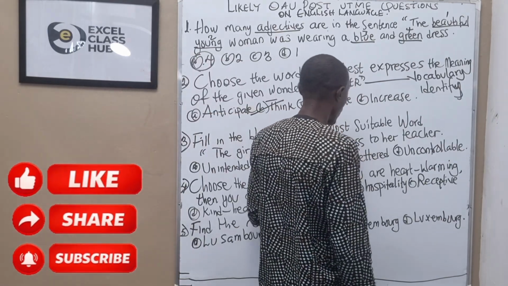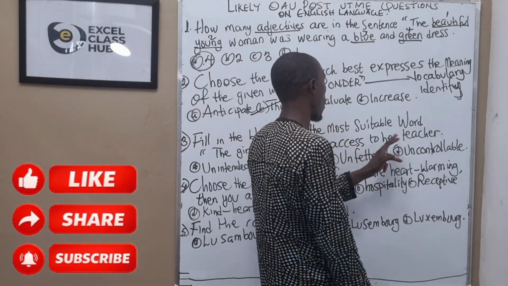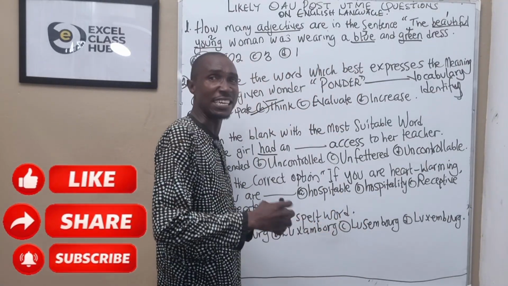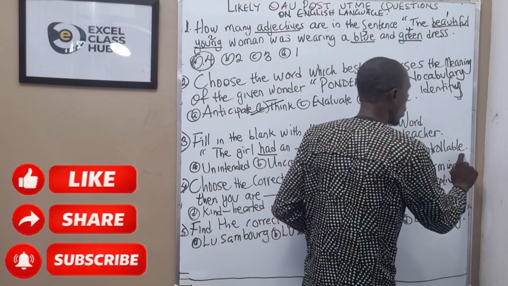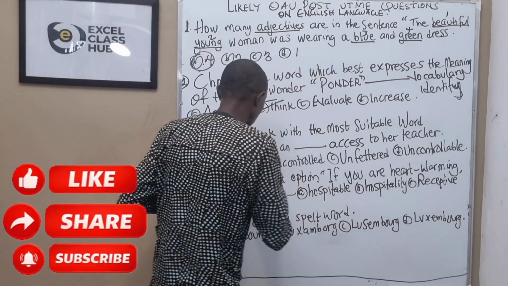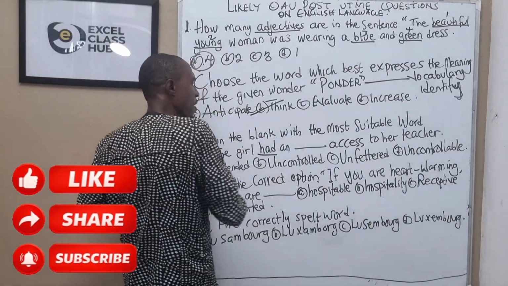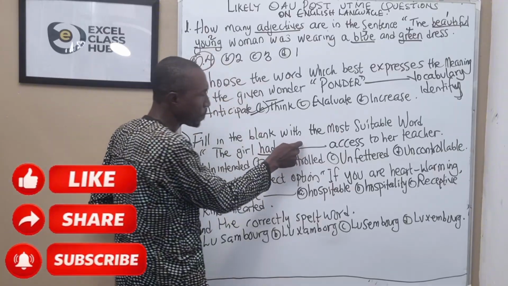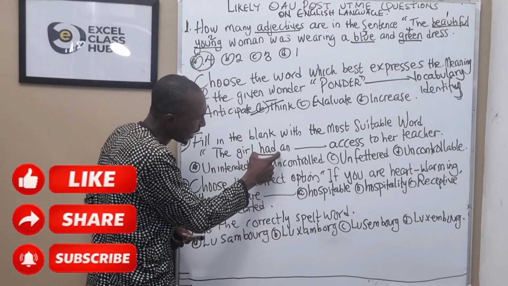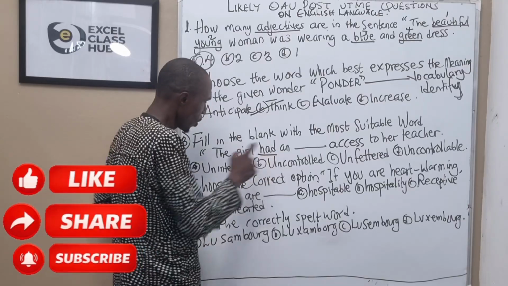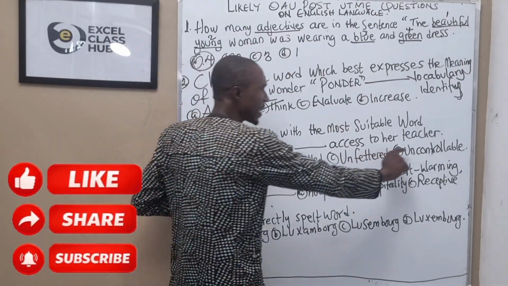We have unfiltered access to a teacher, which means she can easily access a teacher. Then we have uncontrollable. Now, all these options can be fit into this space that is here. But based on the article that is here, we determine the answer that will be given here.